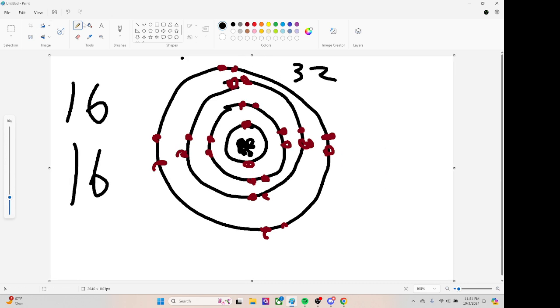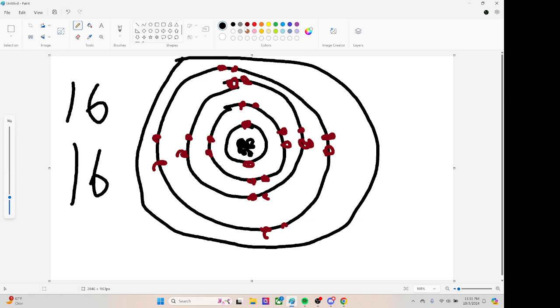Okay, that's getting really big. Looks like we're a little overboard, so it only needs to be 16 electrons, so we can get rid of some of these.